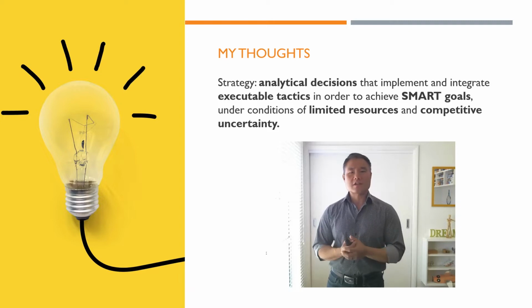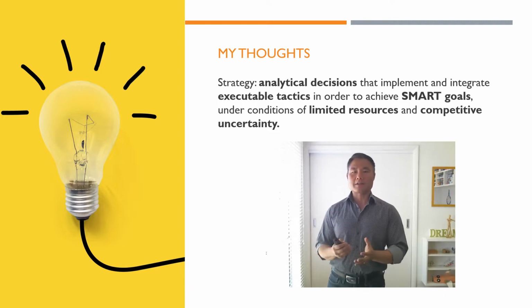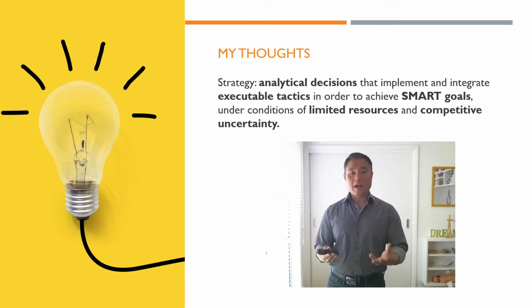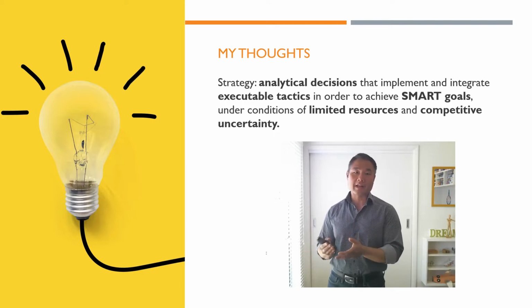And then those decisions usually involve implementing or integrating executable tactics. Later on, we'll talk about the difference between strategy and tactics. But for the purposes of this slide, in my definition of strategy, these executable tactics are things that your organization or your business or your corporation can actually do. Because there's no point in making decisions to do stuff that your company can't actually do, whether for financial or logistical reasons.